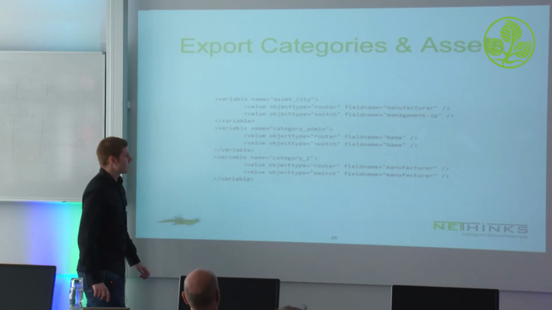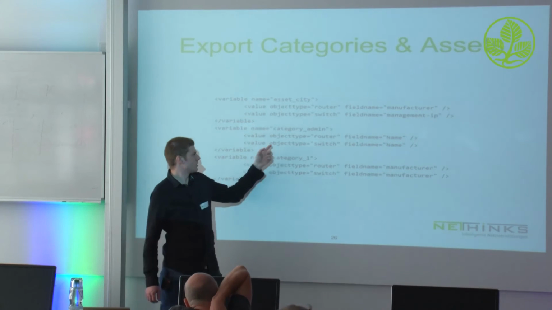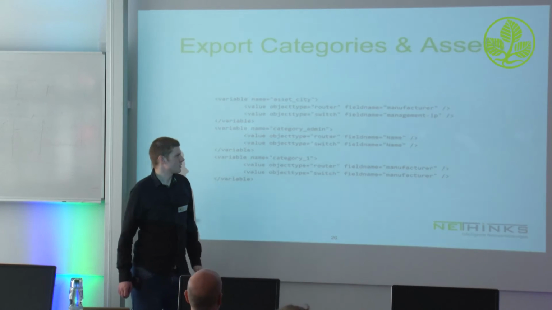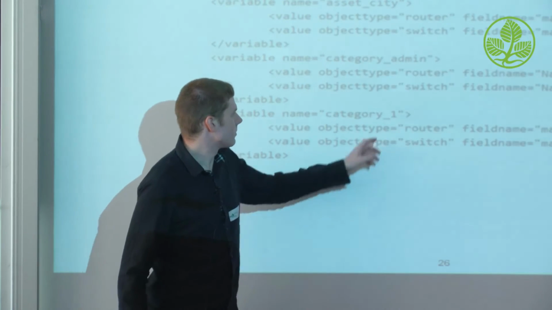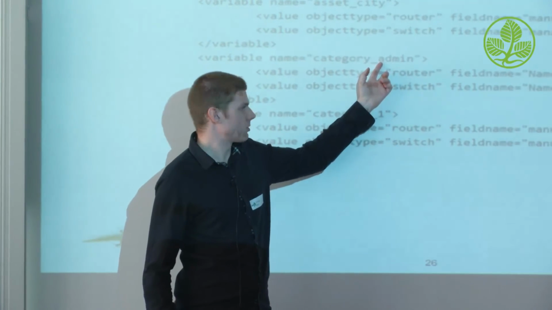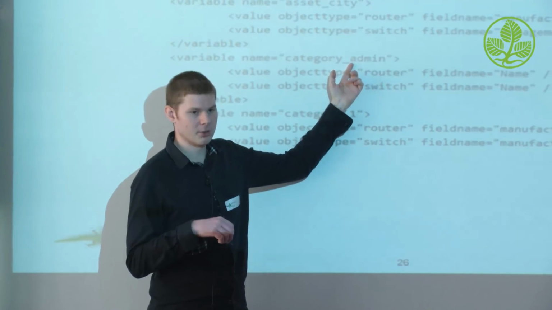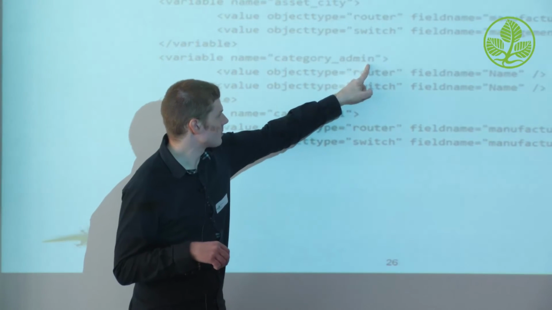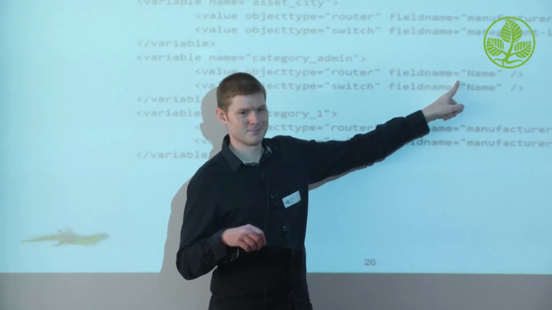You can also set up surveillance categories. So we have a category called admin, where you set up or assign nodes to a category called admin underscore and the field name or the content of that field.